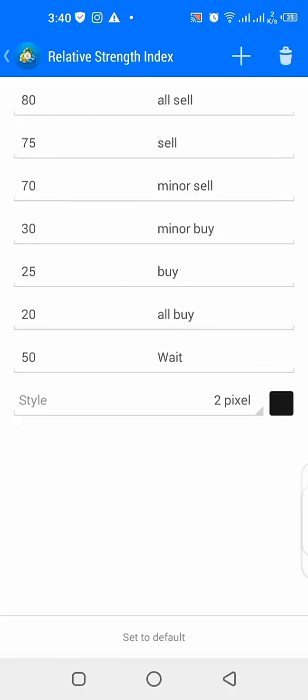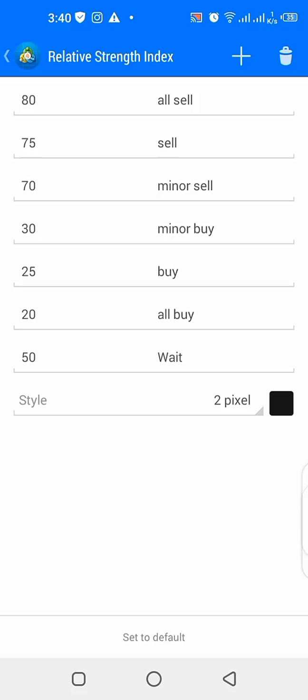We are looking at the settings for the parameters of the indicators on the screen. You can see relative strength index 80, 75, 70, 30, 25, 20, 50.